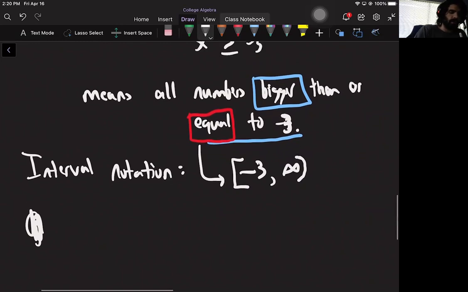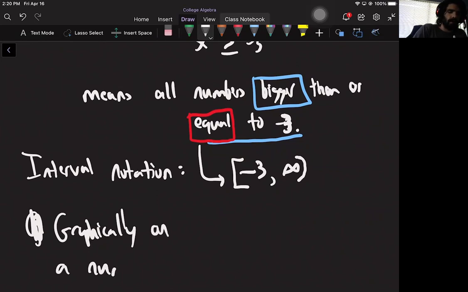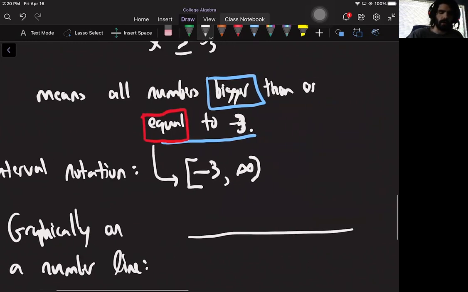Okay, so interval notation is one way to describe all the numbers bigger than or equal to -3. But you can also do it graphically on a number line. The way you do it is you say, okay, -3, that's where I'm going to start, and I'm going to put a bubble there.